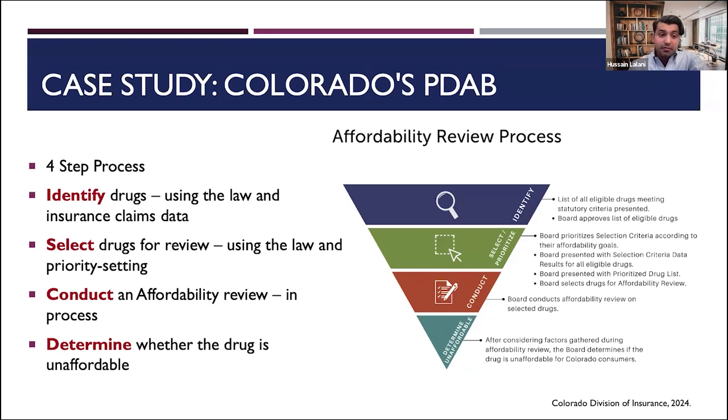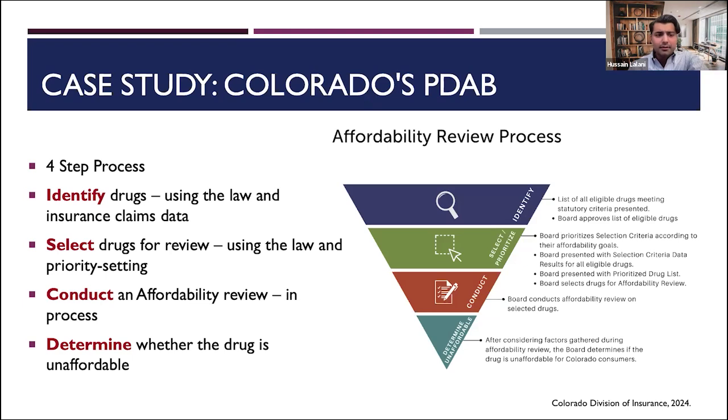And then the third step is to conduct an affordability review. And this is a long, complicated process for determining how affordable a drug is along the continuum, and a whole host of different factors that may affect that affordability. Things like how much the patient is paying for this, how much the state is paying for this, including a number of other factors that we'll talk about briefly.